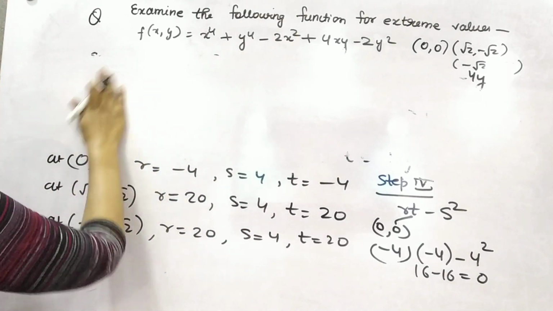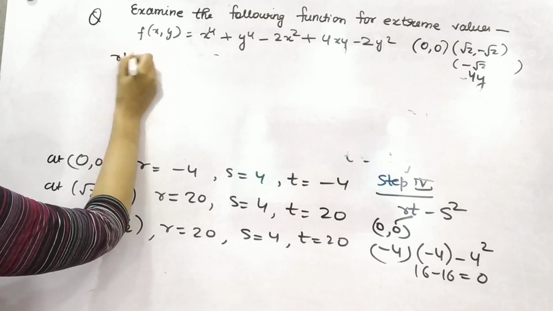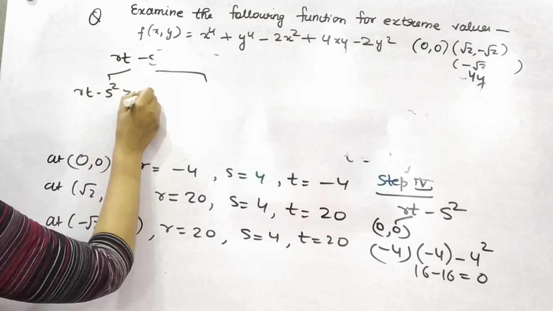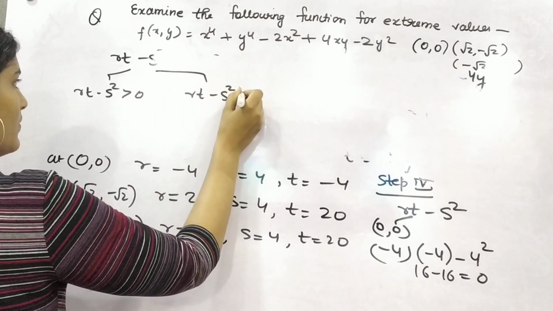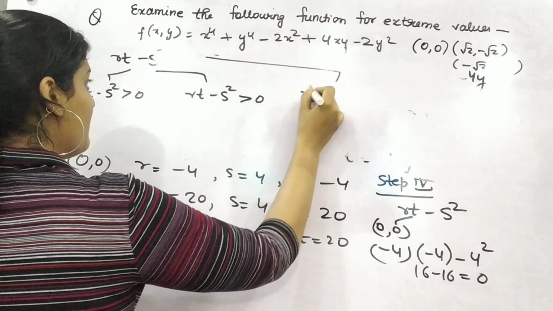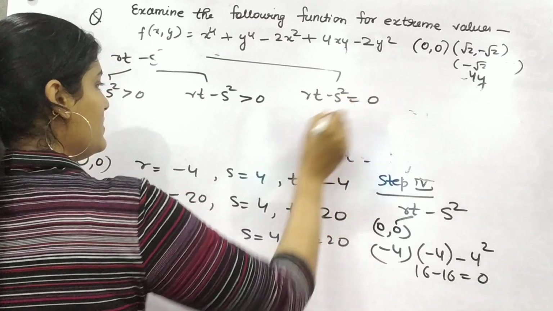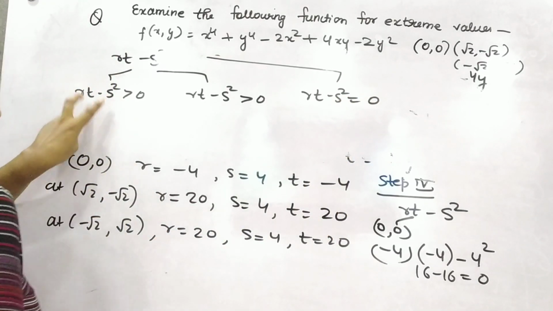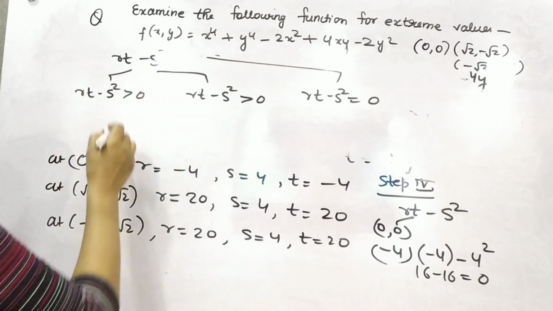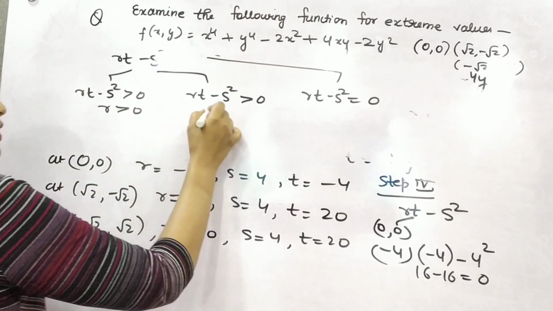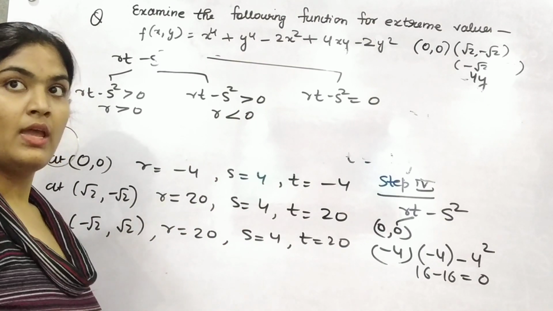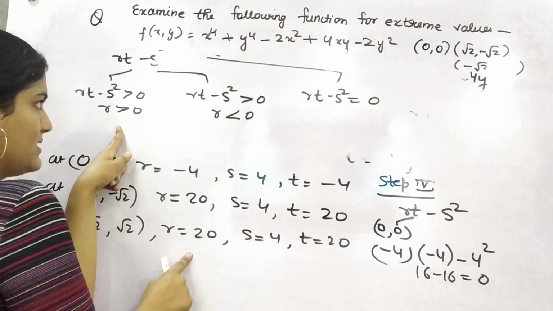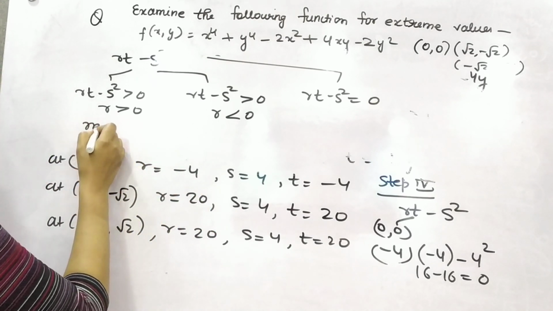So, if RT minus S square is greater than 0, and if RT minus S square equals 0, there are 3 possibilities. If it is greater than 0, then there are 2 cases, whether R is greater than 0 or R is less than 0. If R is greater than 0, as in these cases, then it is minima.